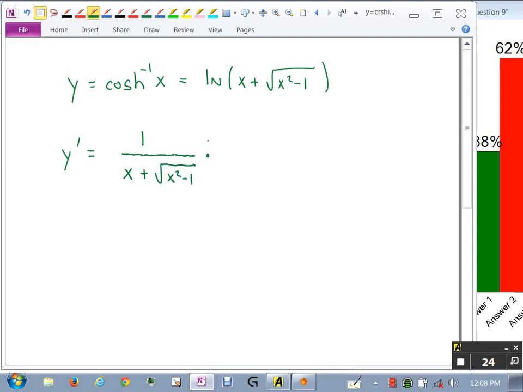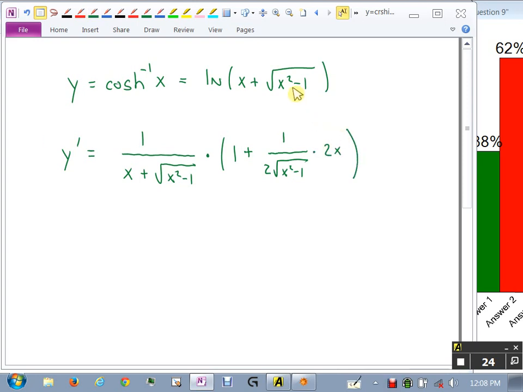Then chain rule, what's the derivative of what's in there? 1 plus, yeah, again, so this is the derivative of x is here. Derivative of the square root of x squared minus 1 is 1 over 2 root x squared minus 1 times 2x.